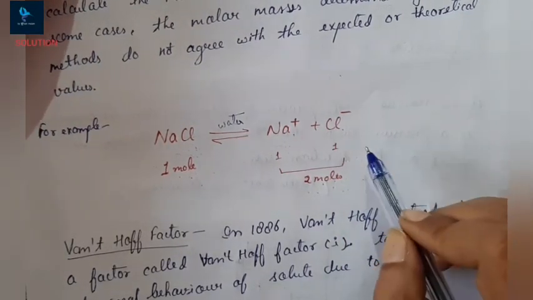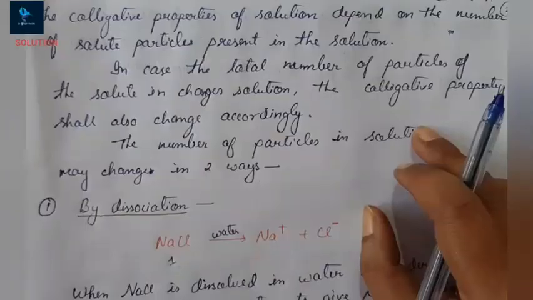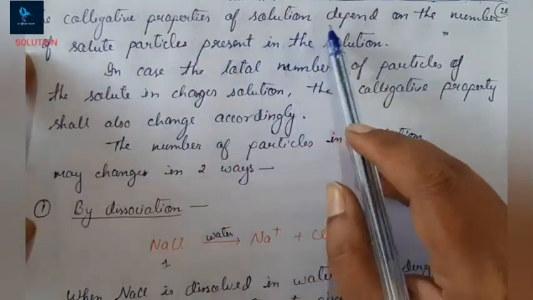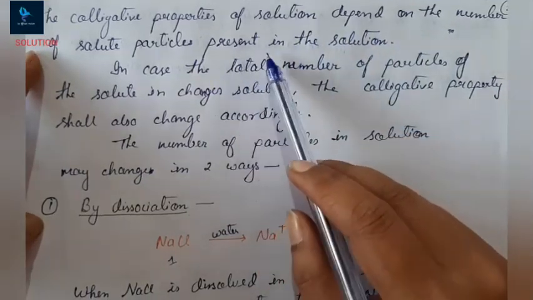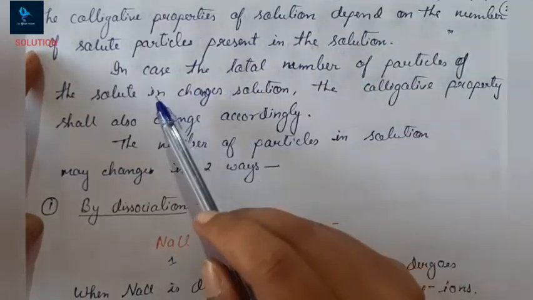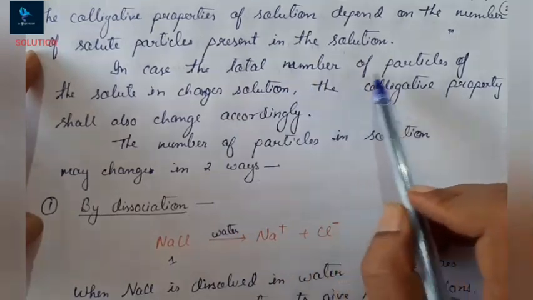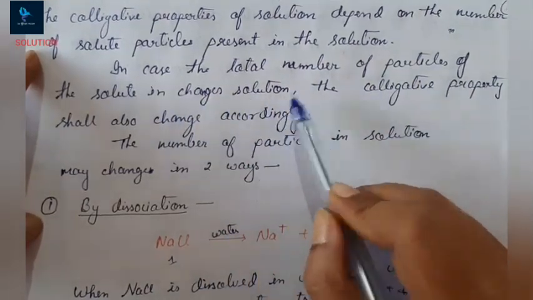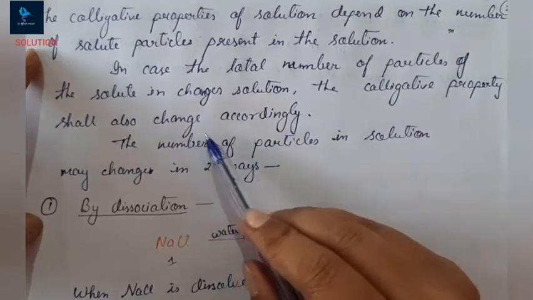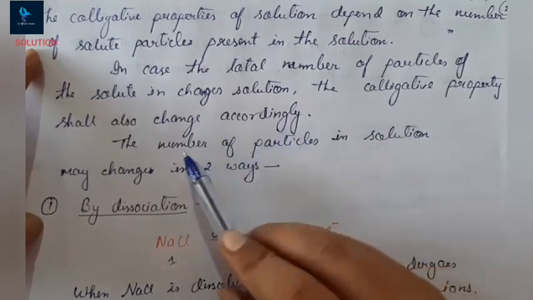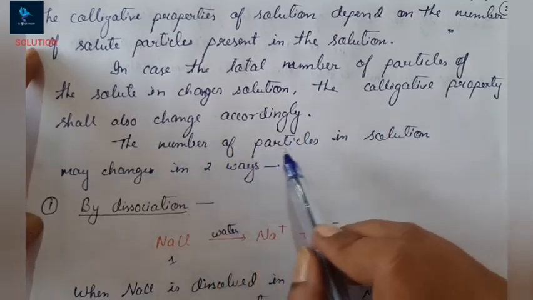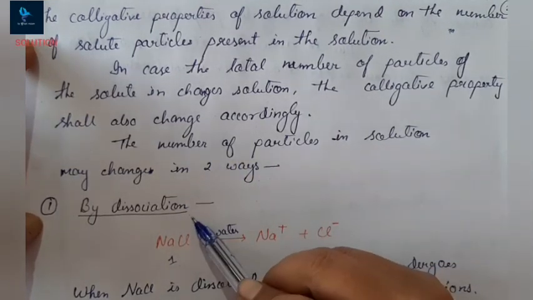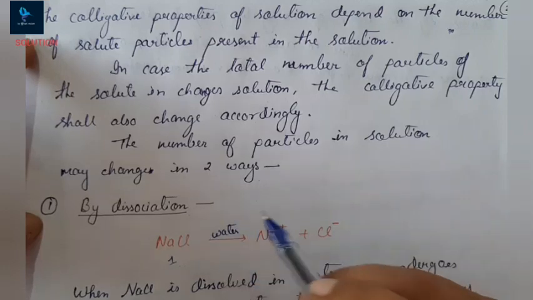So the colligative properties of a solution depend on the number of solute particles present in the solution. In case the total number of solute particles in the solution changes, the colligative properties shall also change accordingly. The number of particles in solution may change in two ways: by dissociation or by association.